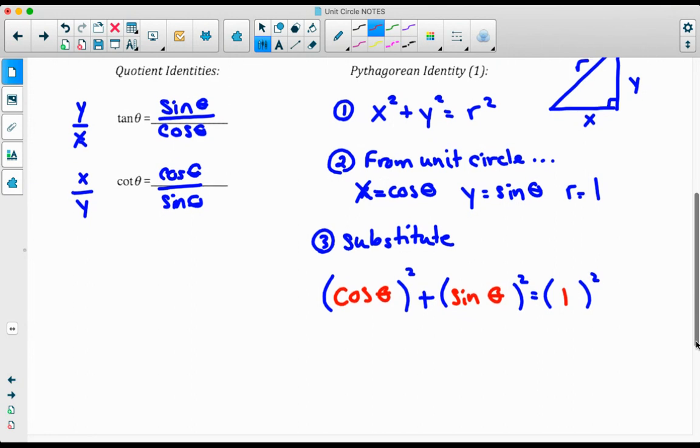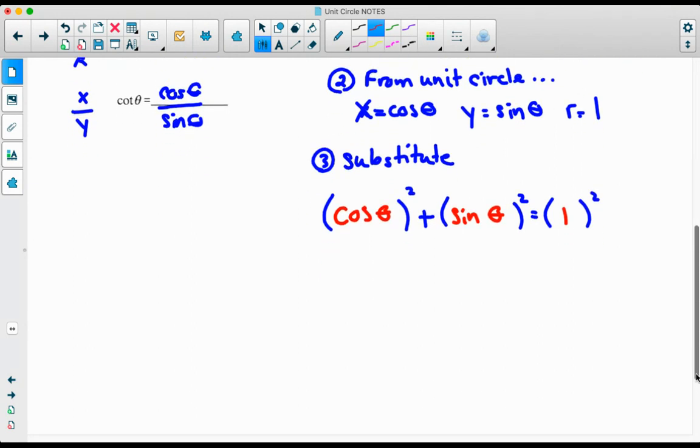While simplifying this, notation-wise, how you write cosine squared or sine squared looks like this. It comes out to be cosine, and you write the square before the angle. That means cosine squared theta.